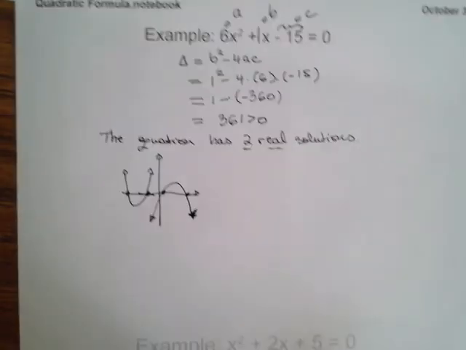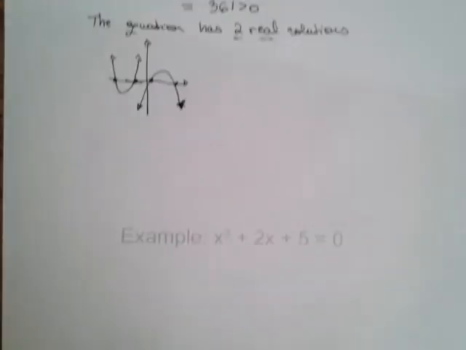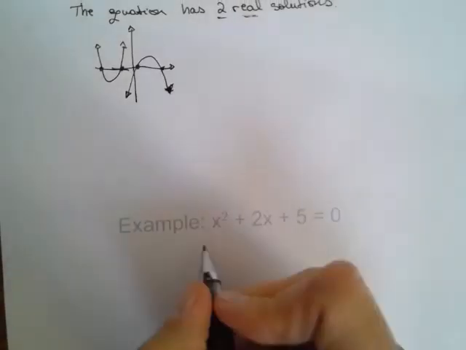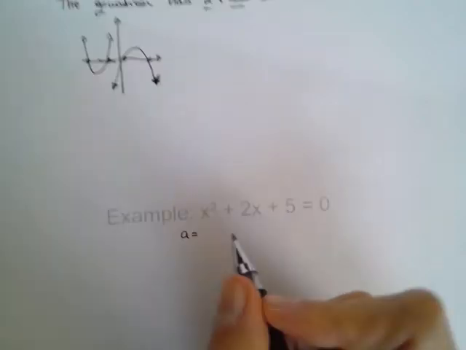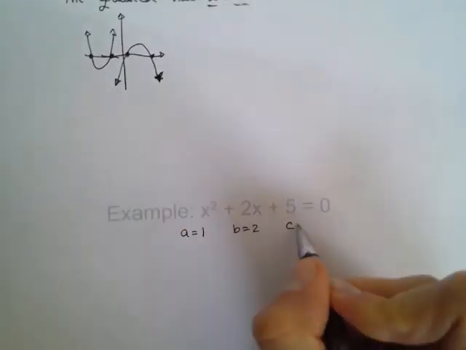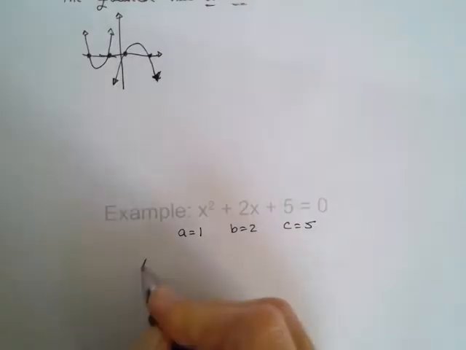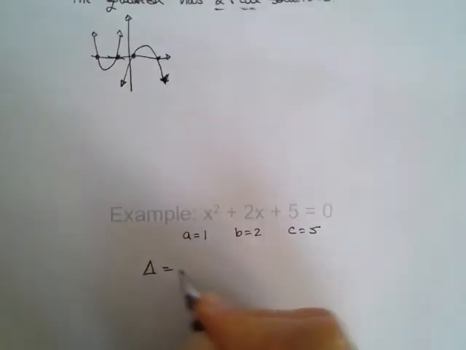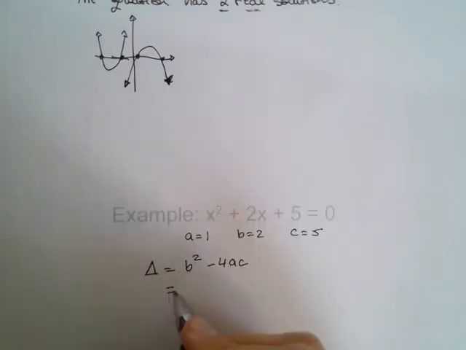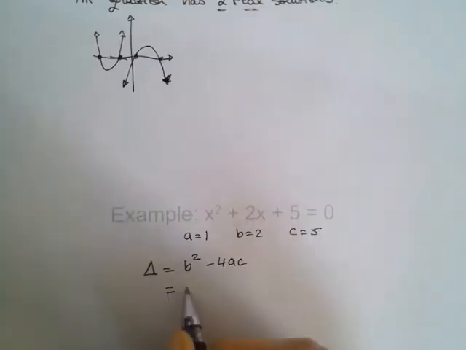And the last one, x squared plus 2x plus 5. I know that a is 1, b is 2, and c is 5. The discriminant in this case, the formula is b squared minus 4ac. We plug the numbers in, we get 2 squared minus 4 times 1 times 5.